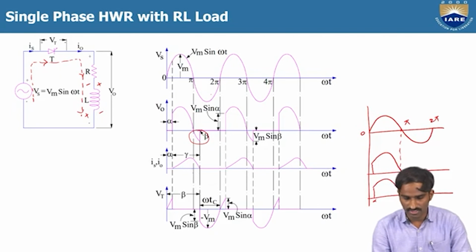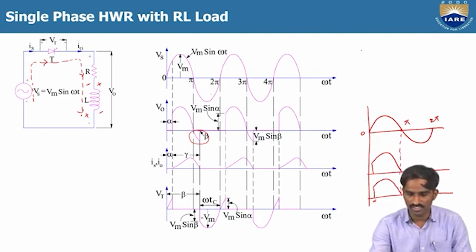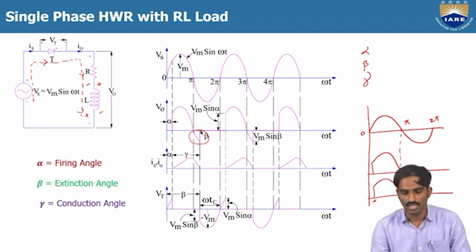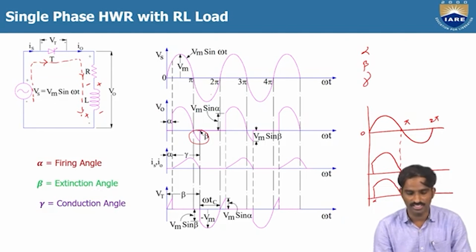Here you can see there are three different angles: alpha, beta and gamma. We already know alpha is the firing angle, and beta is called the extension angle, because the conduction period is extended from pi to beta. Gamma is called the conduction angle.